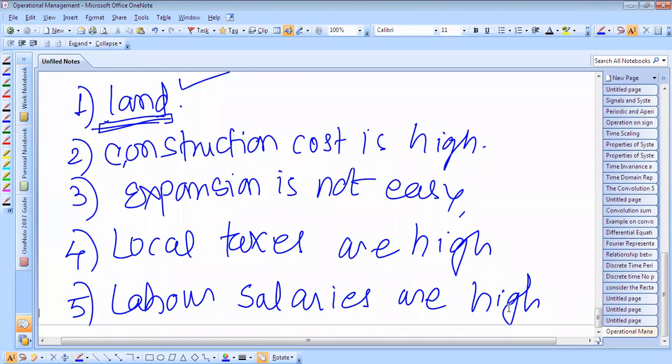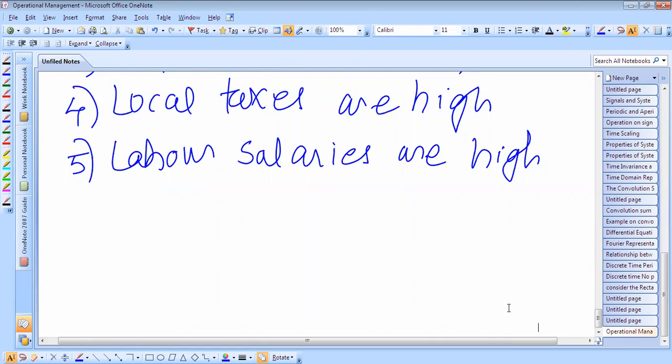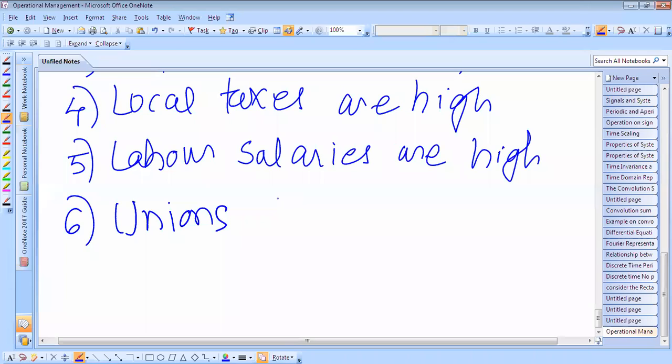In the city labor cost is high, because skilled, experienced, knowledgeable laborers are there, and therefore the cost will also be very high, and union problems are more. The unions are there for the welfare of the employees and workers. They always work for the empowerment of the workers and employees of the industry.